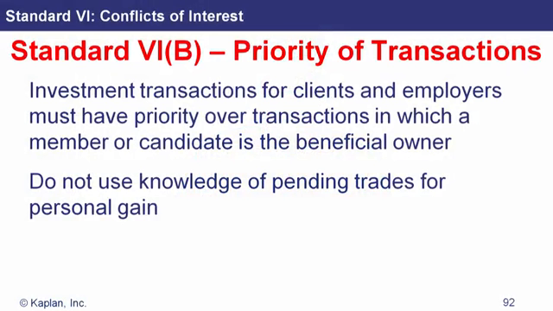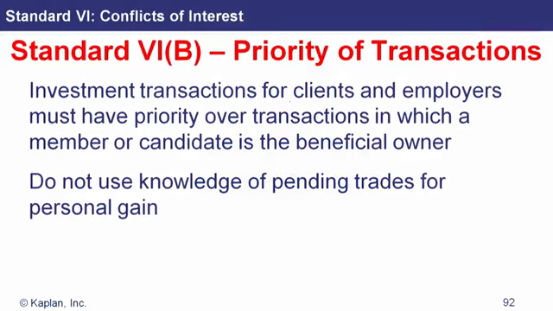Okay, so let's look at 6B, priority of transactions. And I think we've mostly covered this in discussion, tangential to the other areas, but this certainly makes it explicit. Investment transactions for clients and employers must have priority over transactions in which the member or candidate is a beneficial owner.